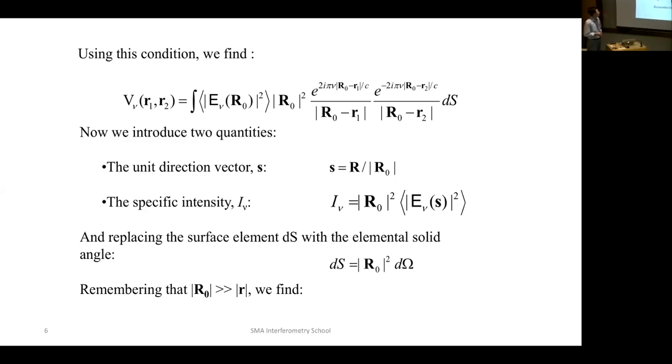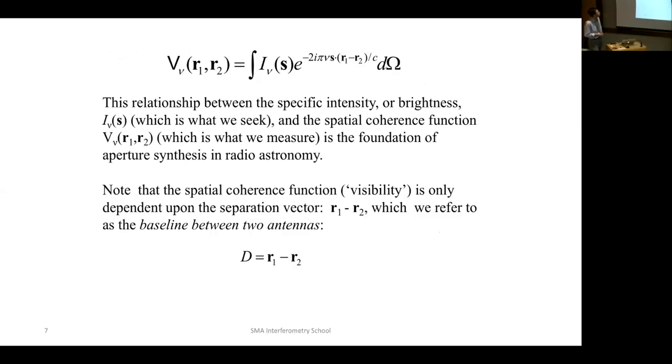You can also replace ds with R naught squared times d omega, where omega is the solid angle subtended by the astronomical object with respect to your telescope. Also remember that big R naught is much greater than small r, because we assume the astronomical source is at infinite distance with respect to the baselines or antenna locations on the Earth. So this relation can be further simplified.